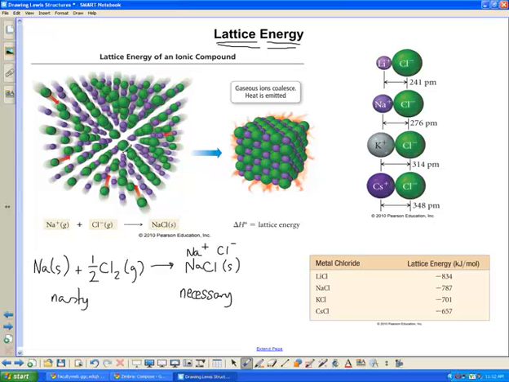But from a theoretical point of view, you bring these together, and notice it says heat is emitted here. What that means is originally these guys are unstable. The product we have here is very stable, so there's a net big difference of energy, and that's got to be released somehow, and that comes out in the form of heat, or sometimes light if it's particularly exothermic.